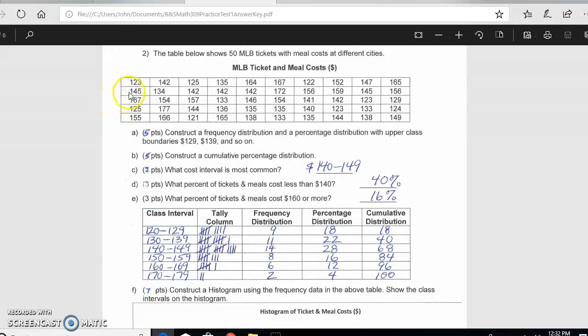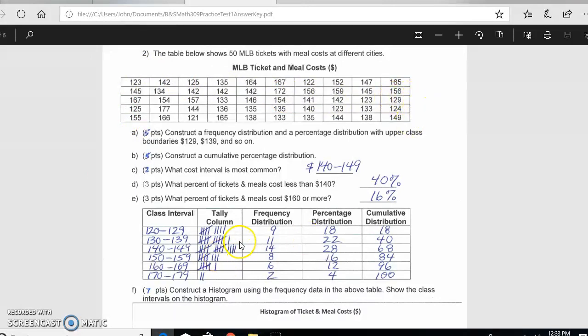Then we would go to 145, and we would make a tally mark in this row because 145 falls into this class interval. 167, we would make a tally mark here because it falls into this class interval, and so on. 125, 155, and we would work through all of the data points in this table.